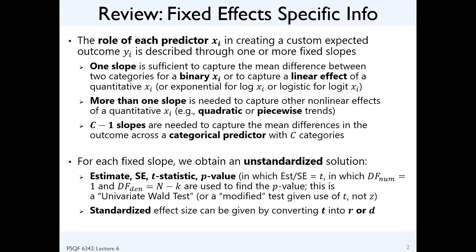D is standardized mean differences. R ranges from -1 to +1. So standardized effect sizes help convey the absolute size of an effect. They are used in study planning to assess power. There's a number of journals now that want you to do a power analysis to go with your study to say how much power you had, like post hoc. And also meta-analysis.